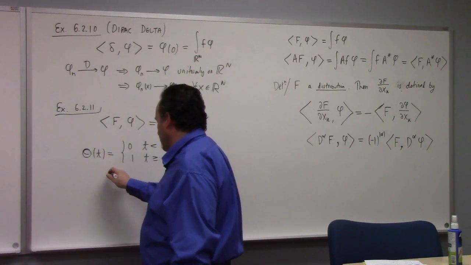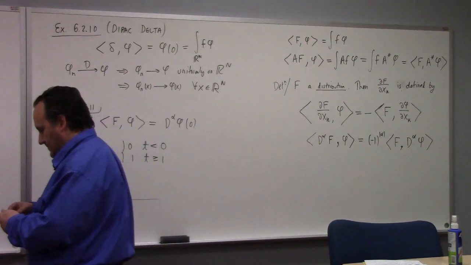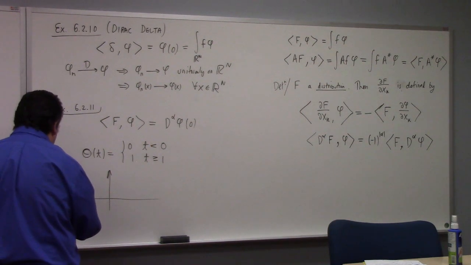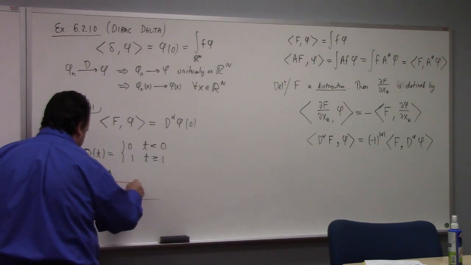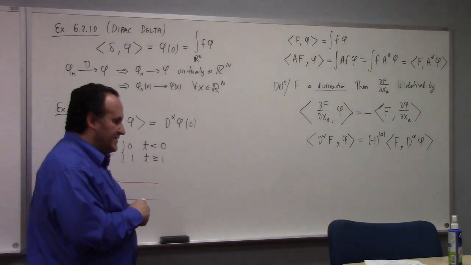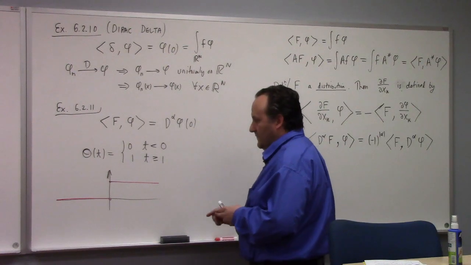So the graph of this thing looks like, I mean, it's the unit step function I was talking about a second ago, or you might call it the Heaviside function, right? And so we're in that class, and he says to us, what's the derivative of the step function?